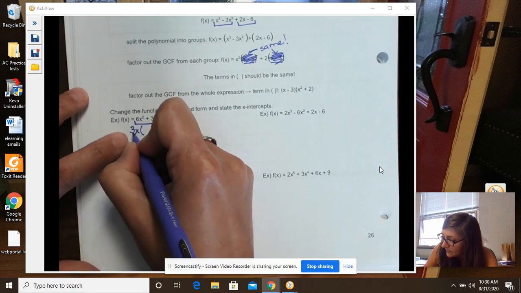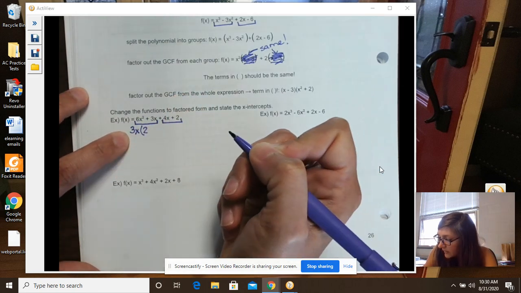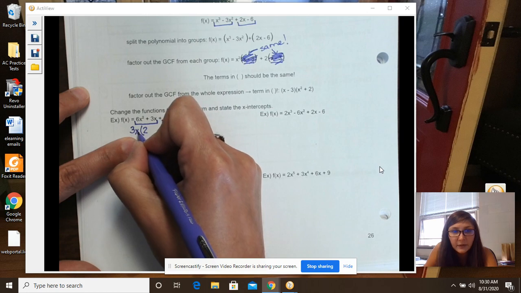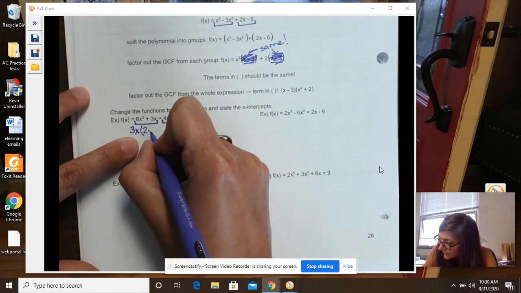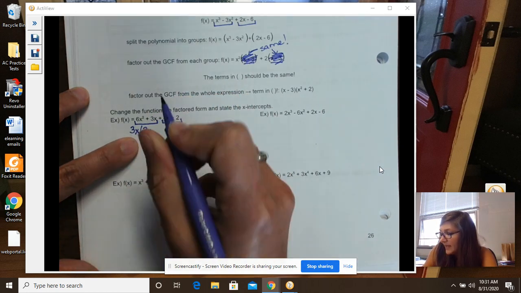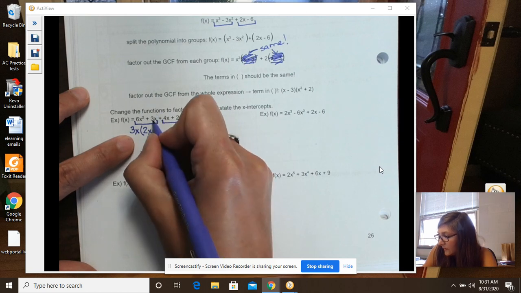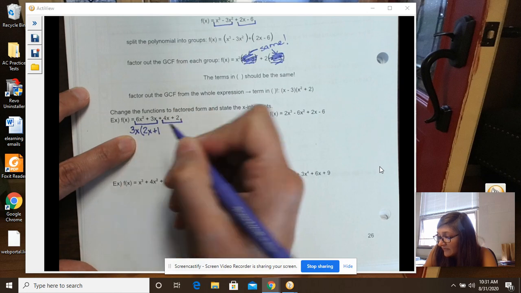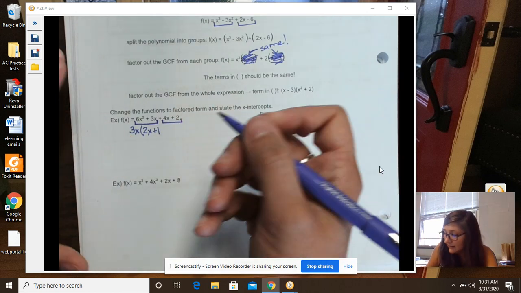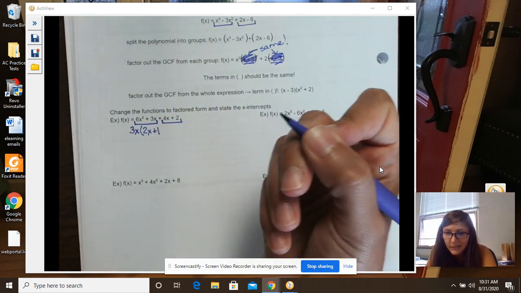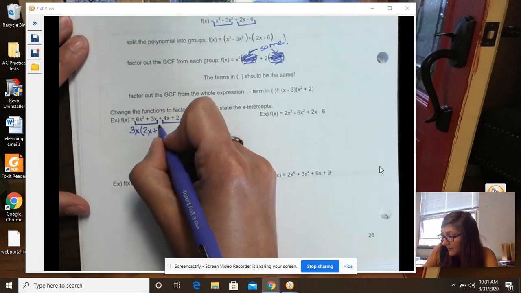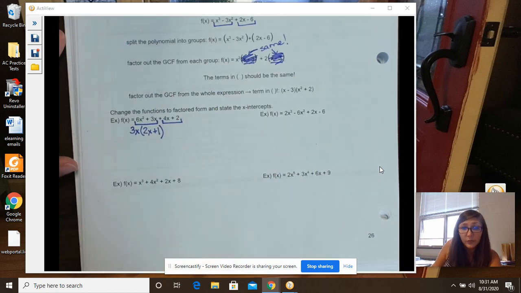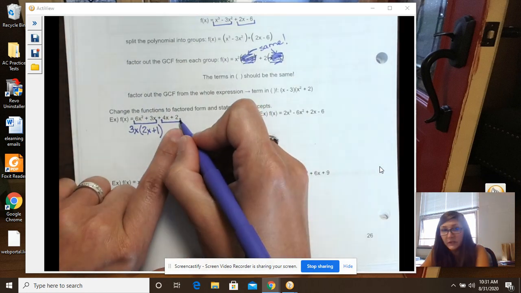So 6 divided by 3 would leave me with 2. x squared, if I factor out that x, leaves me with x. And then plus 3 divided by 3 would be 1. And x divided by x, again, just 1. So technically I could write 1 times 1 here, but that would still just give me 1. So that's my first group factored. Now let's look at our second group.